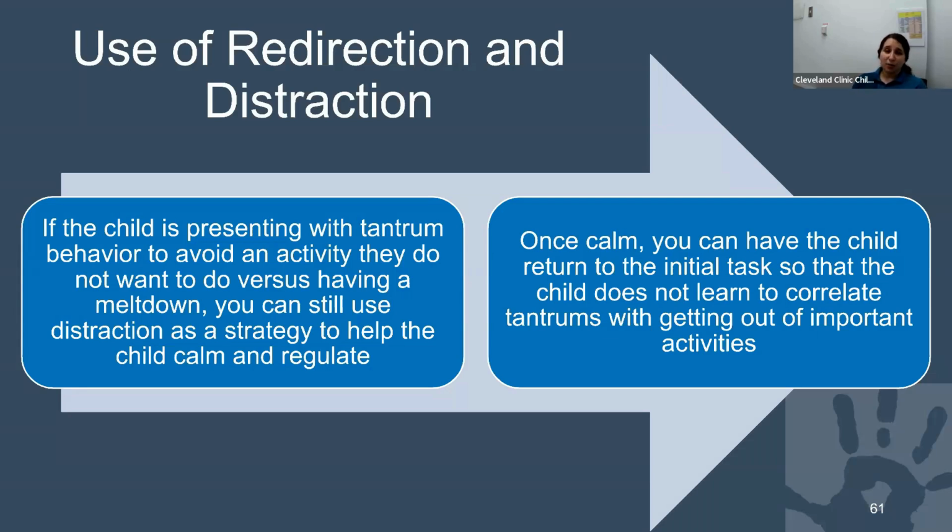So if your kid is having trouble calming down when you say, time to brush your hair, you can say, oh, hey, what's that over there? Oh, should we go check and see what's out the window? Oh, is that a deer outside? Oh, that's cool. You can try to calm the kiddo down that way if they're getting too heightened or escalated, but still find a way to go back to brushing their hair, because that's something they need to do for their hygiene.